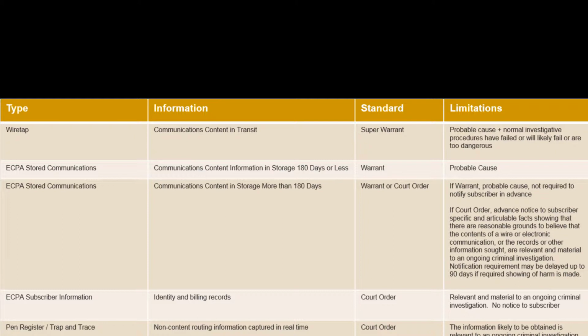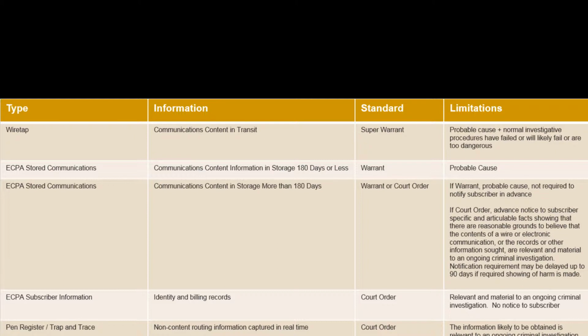So real-time, in-transit contents. What the Wiretap Statute requires goes beyond the minimal requirements of the Constitution and requires something you might consider a super warrant. That is, it requires a showing of probable cause, which is what the Constitution requires, and that normal investigative procedures have failed or will likely fail or are too dangerous.